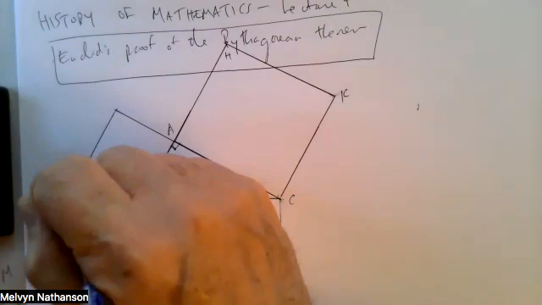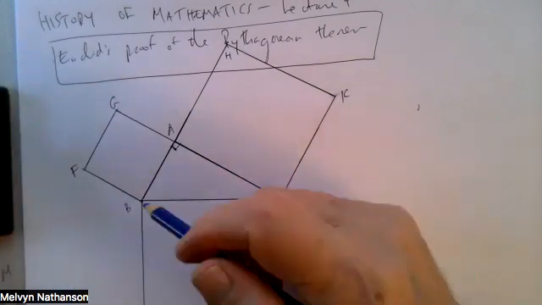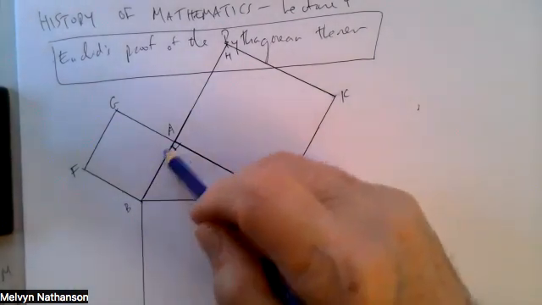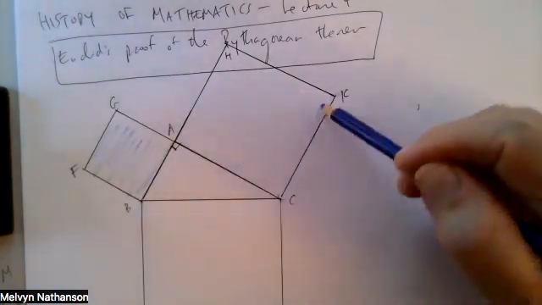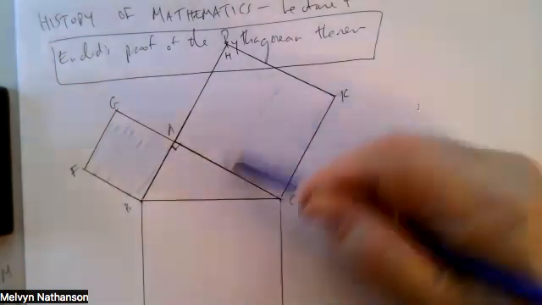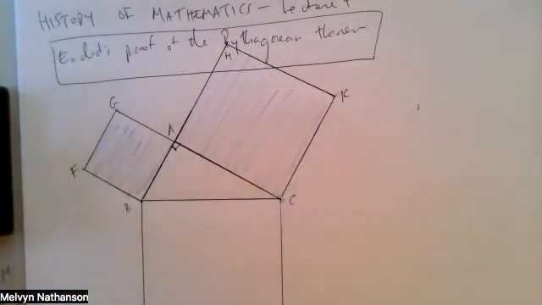And let's call this F and G. So we have squares. Here's a square. Here's a square. And here is a square.